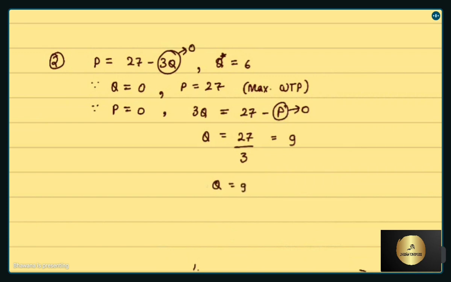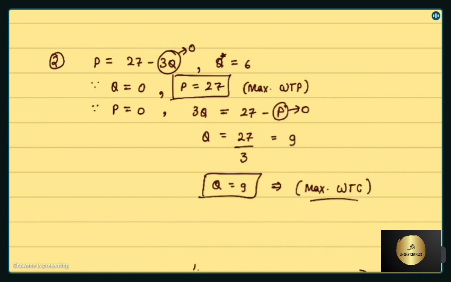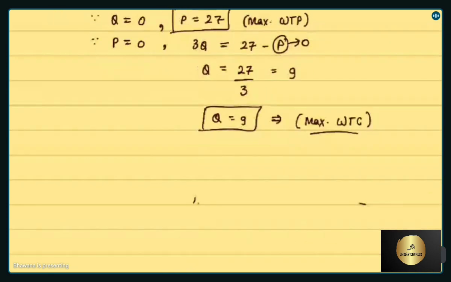So your Q will be 9. This Q, the horizontal intercept, represents the maximum willingness to consume. If you get this particular commodity for free, the maximum you would want to consume is 9 units. So this horizontal intercept represents the maximum willingness to consume.